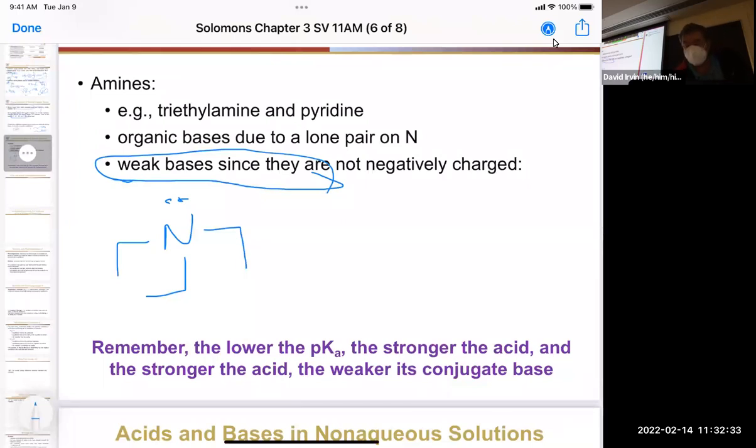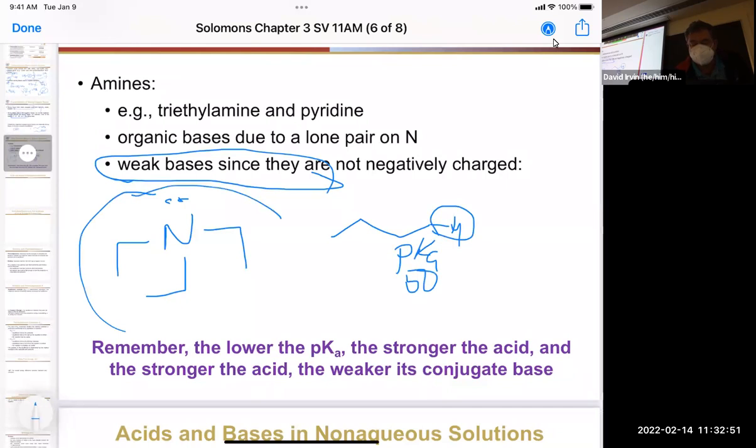Okay, and so if we have butane right here, this acidic hydrogen has a pKa of 50. Turns out when we have an amine like this, a trifunctional amine, and I'm just going to put R groups here because they can be anything, once we acidify it and have a positive charge here, it has a pKa of 10.